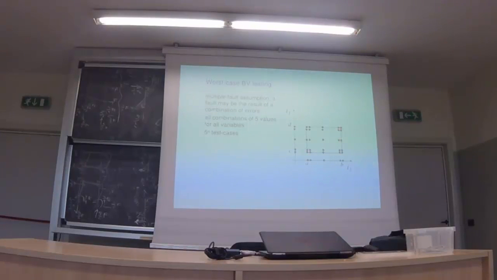In this case, unfortunately, the number of tests that we need to check is 5 to the power of n. In this case, it's 5 to the power of 3, which is still reasonable. 125 checks to be made, right?